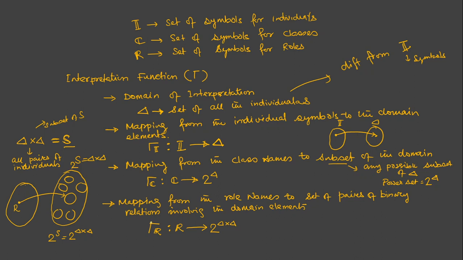So the interpretation function of I would be mapped to delta. The interpretation function of C, C will be mapped to 2 to the power delta, and the interpretation function of R, you are mapping R to 2 to the power delta cross delta, right?